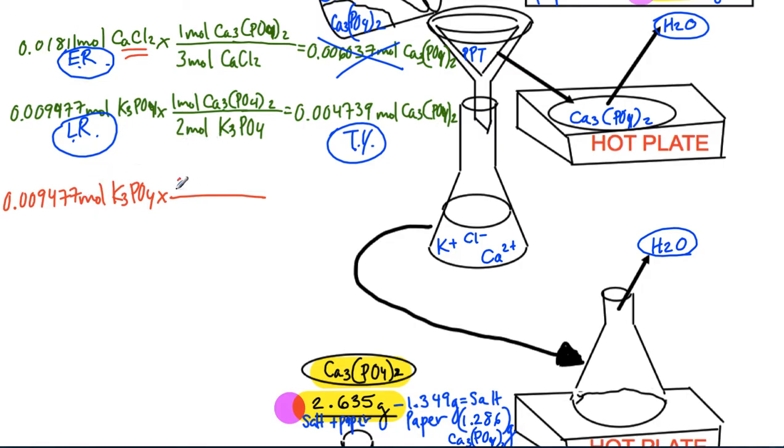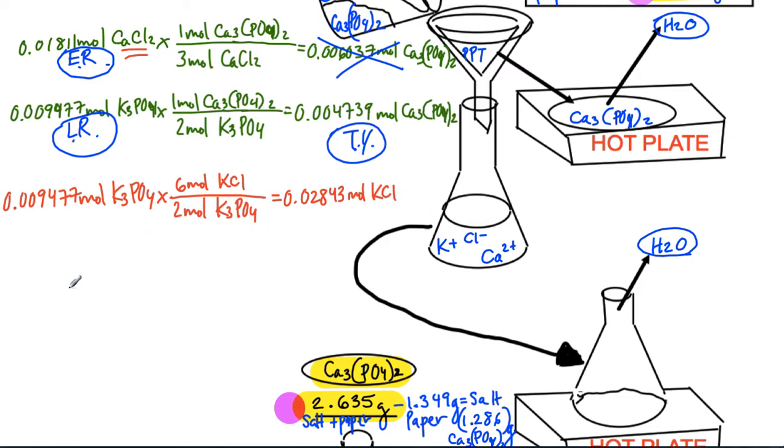There are 6 moles of KCl for every 2 moles of K3PO4. When you do that multiplication and division, you get 0.02843 moles of KCl.